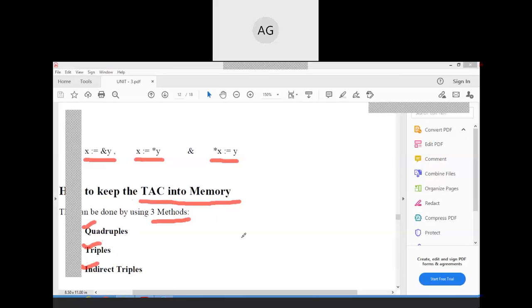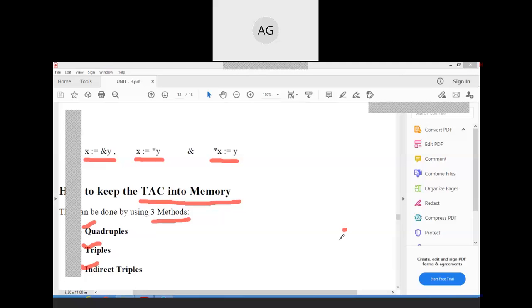This is the most important question generally asked in your exams: how we need to convert to keep the three address code in memory. Sometimes they ask you to write the memory storage in the case of quadruples, or in the case of triples, and sometimes they ask in all three methods.